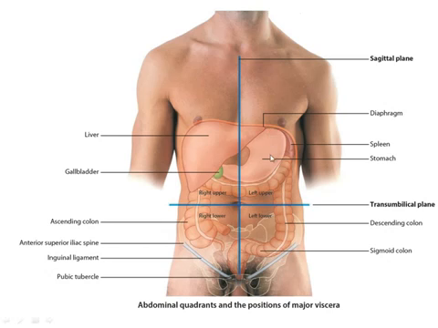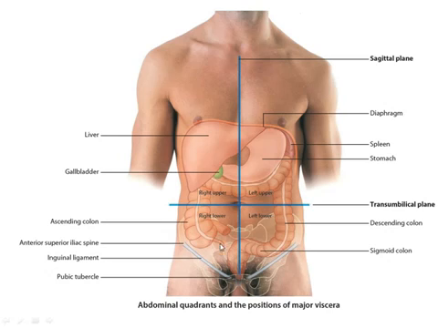The maximum part of the stomach lies in the left upper quadrant, and only a part lies in the right upper quadrant. The transverse colon is present over here, and posterior to it lie the kidneys, the right kidney over here and the left kidney over here. Similarly, below the transumbilical plane we see the right lower and left lower quadrants.